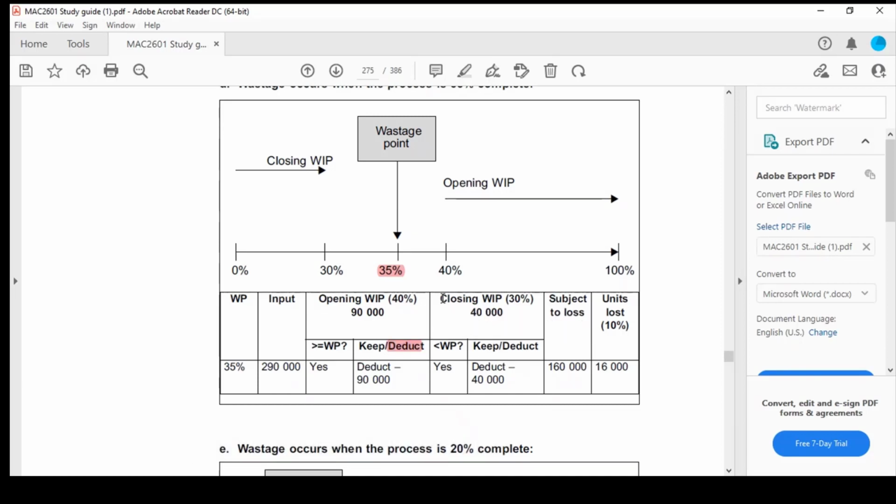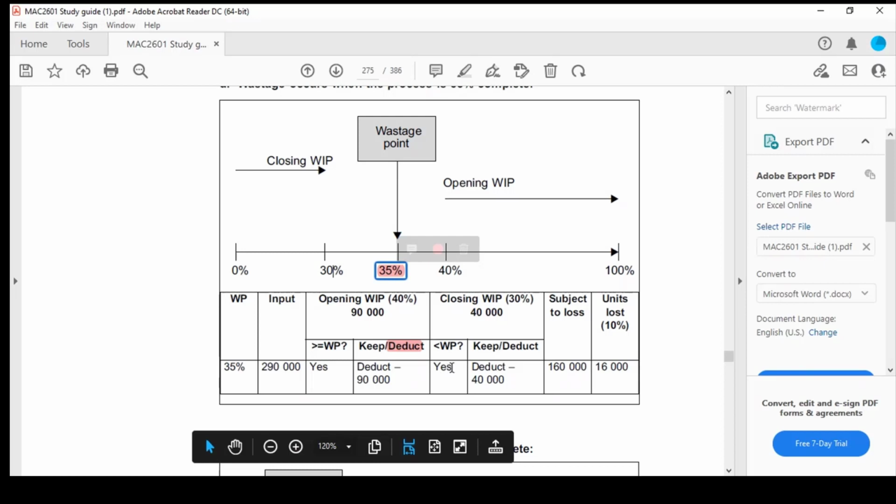Closing WIP: is it less than or greater than the 35%? It is less than. And if it's less than, you deduct it from the input. So you take 290 minus the 90,000 minus the 40. I'm remaining with 160,000 units that are subject to the loss.